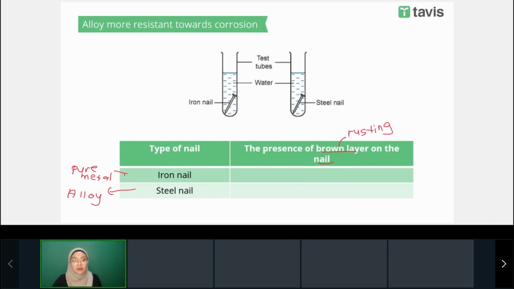So what do you think will rust first? Pure metal, the iron nail, or the steel nail? The brown layer will be produced at the iron nail, while no brown layer will be produced on the steel nail. Okay, because we know that alloy is more resistant toward corrosion or rusting.